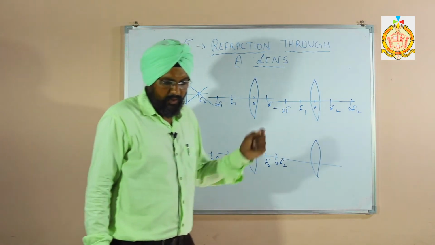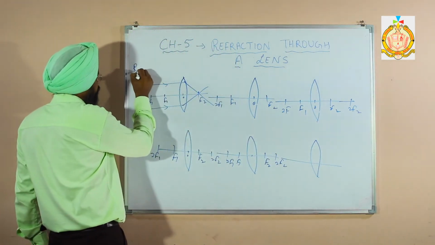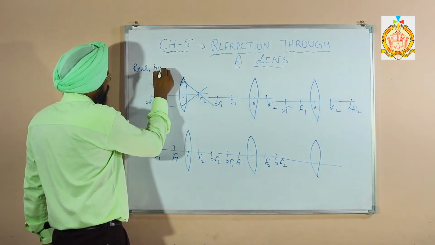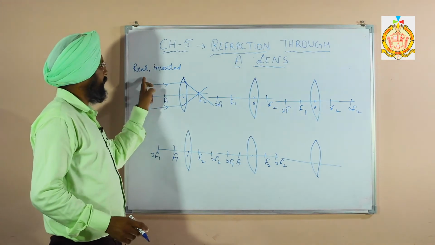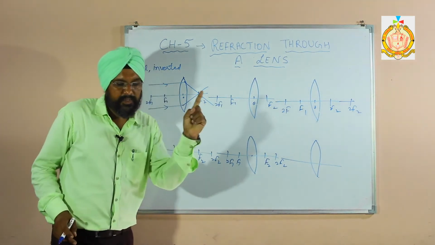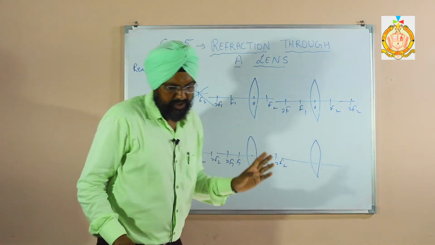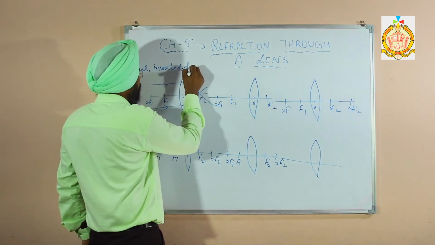And what are the characteristics? It always gives a real, inverted image, and third, it gives a diminished image. Diminished means very small.